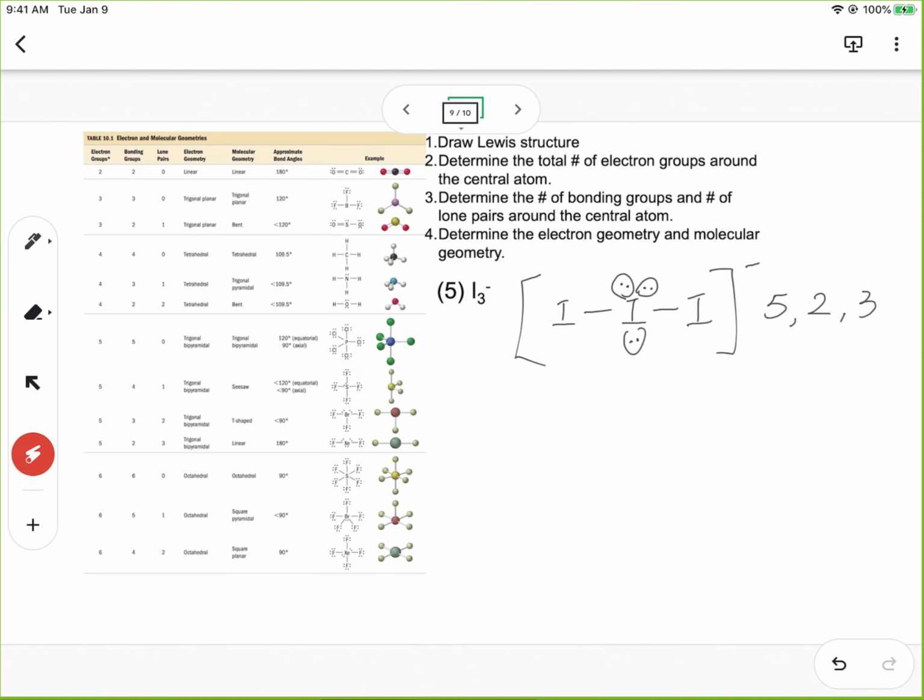Then how do we use wedges to indicate the positions of the lone pairs? Here is what you can do. Iodine, iodine, and iodine: these 3 atoms are on the axial positions, and for the lone pairs, you can draw a line.